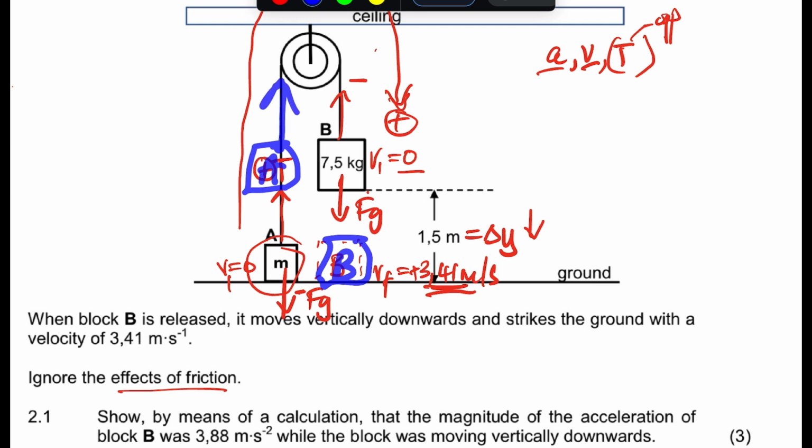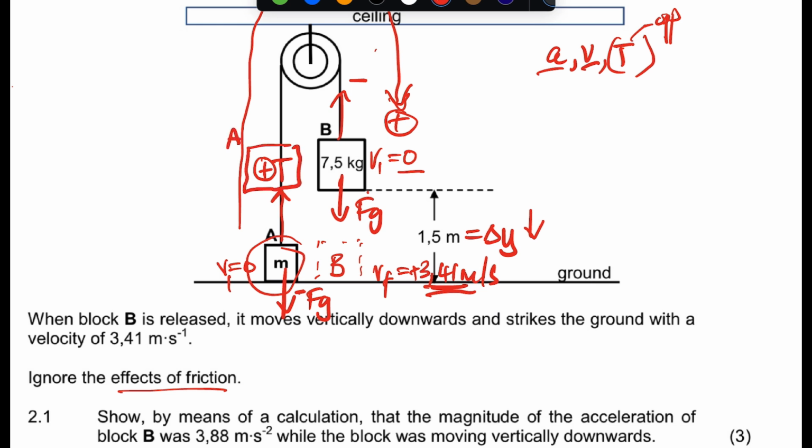It continues, but without the tension force now. So it's just moving by itself upwards. It's going to be a projectile in that case. So let's say when block B reaches the ground, block A reaches this point.